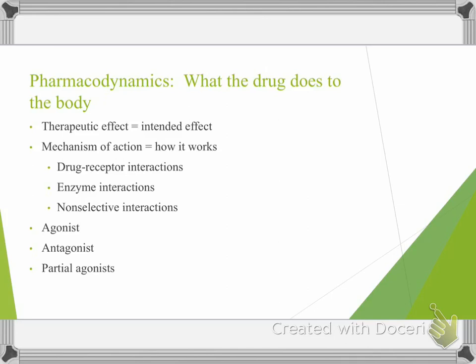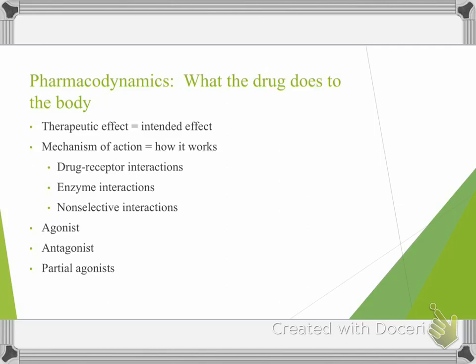An agonist, these are super important that you understand. An agonist binds to or mimics a receptor activity, so it stimulates an action. An antagonist blocks the usual receptor activity, so it blocks an action. Agonist stimulates the action, antagonist blocks the action.